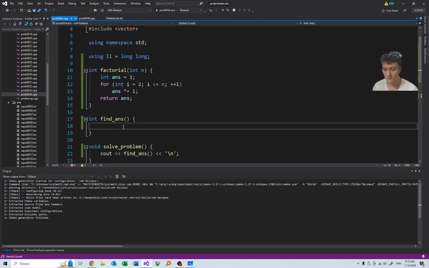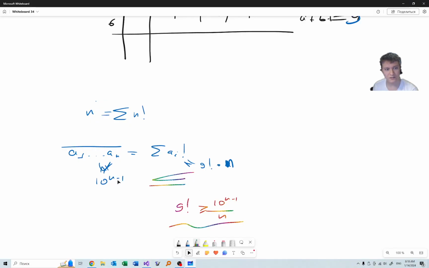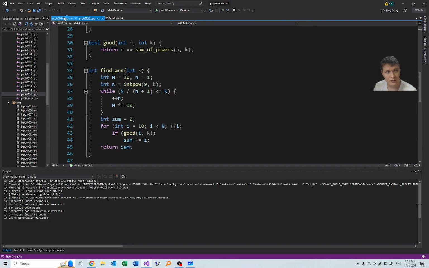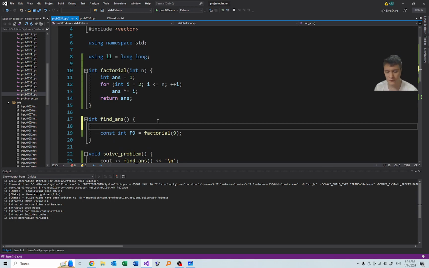And we need the factorial of 9. Okay, then we need to find such maximum n that 9 factorial is at least this number. This can be done. Actually, let's pre-calculate all factorials.